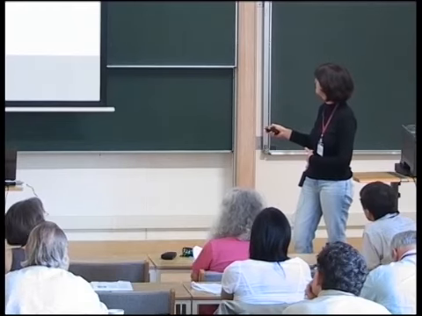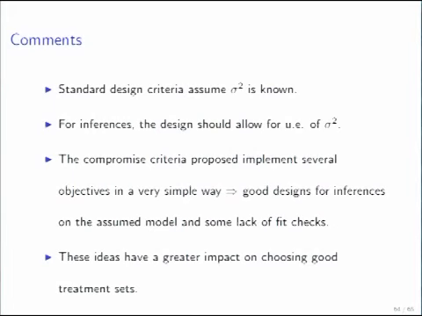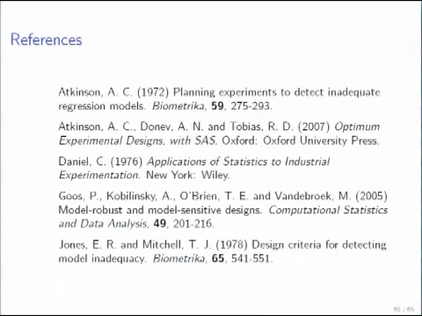And we are working on this type of criteria for choosing treatment sets, and they have a much greater impact in that case. So, yes, I shall finish. And I thank you.